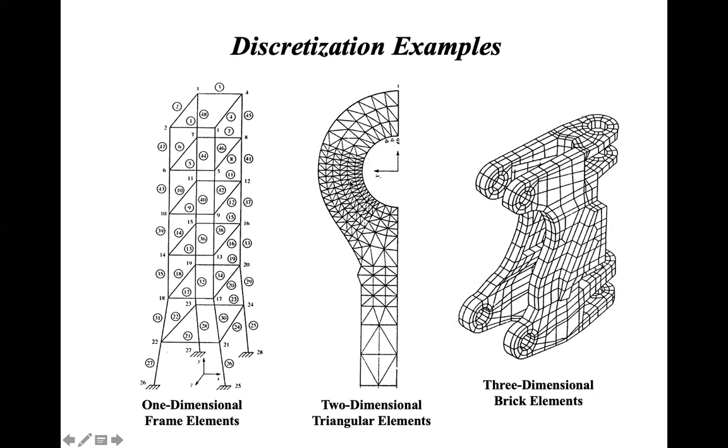In the second example, this is 2D because here the length and width, both dimensions, are important. The perpendicular direction, maybe the thickness, we have neglected. And if you see the third case, the geometry is very complex, right? Here we cannot assume that thickness is very small as compared to width and length. So in that case, we have solid elements. Here it is 2D, here it is 1D.